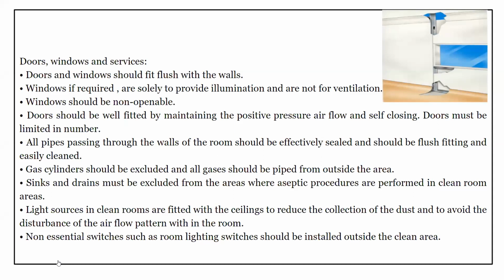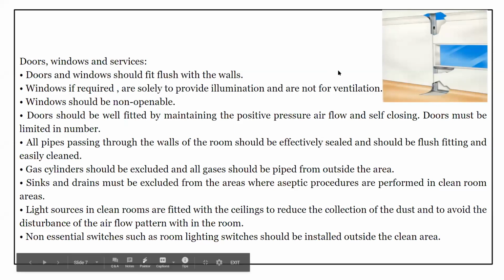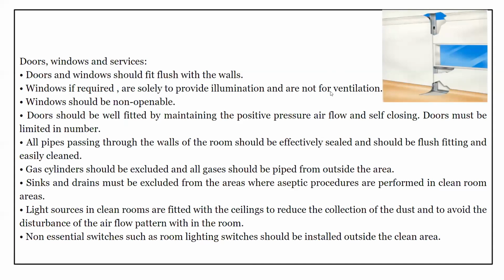Okay, next, all pipes passing through walls of the rooms should be effectively sealed, flush fitted, and easily cleanable. Gas cylinders and sinks are avoided in the aseptic area. Light sources in a clean room are fitted with the ceiling to reduce the collection of dust and to avoid disturbing the air pattern within the room.